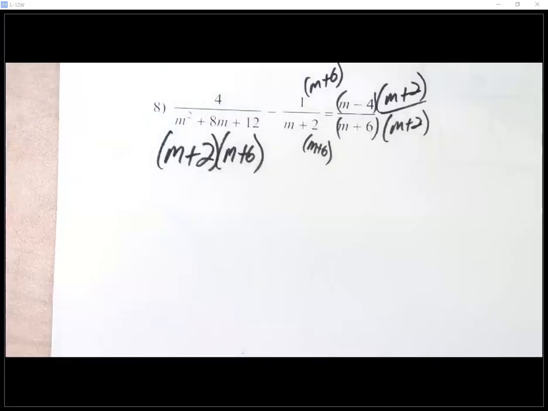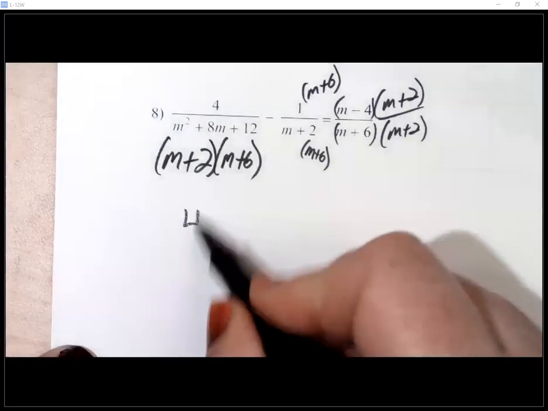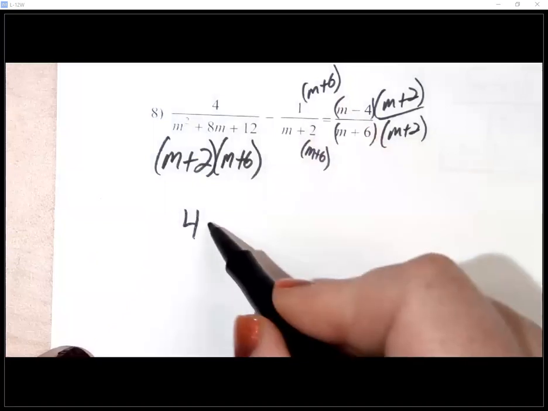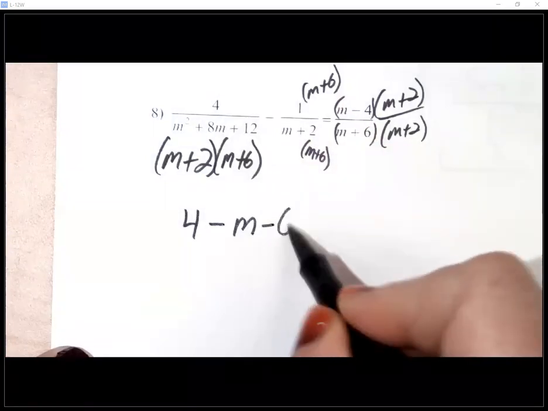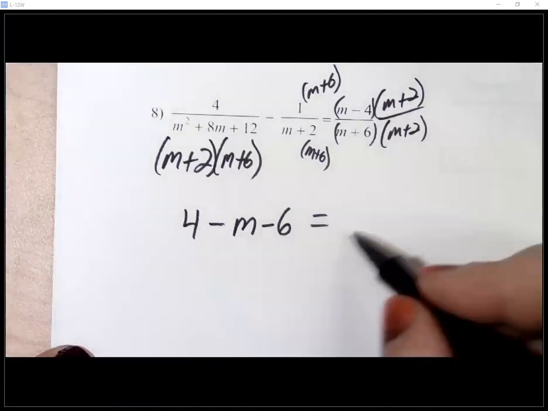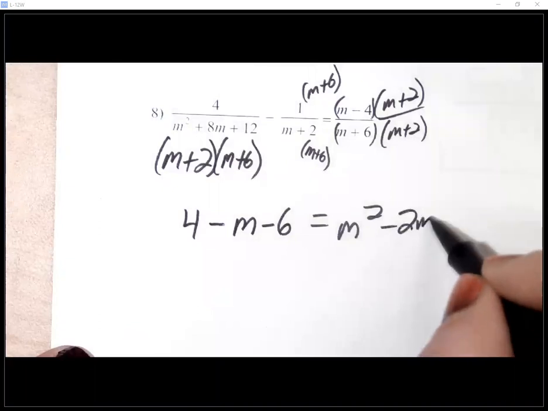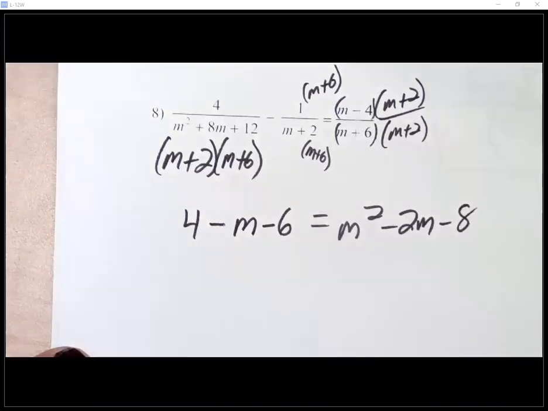Let's do the numerators. 4 minus all of this, so it's minus m minus 6 equals, now I've got to FOIL this side together. m squared plus 2m minus 4m is minus 2m, minus 8. All right, this is just a quadratic. I'm just going to set the whole thing equal to 0 and solve from there.